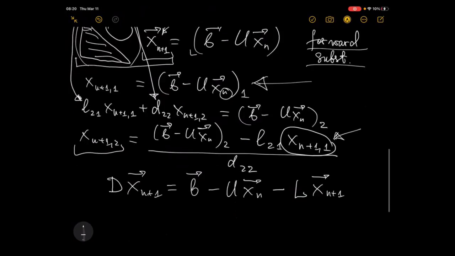Pay attention, because we have the lower part, it's exactly all the previous components which we already computed here. So you can formulate it like that.